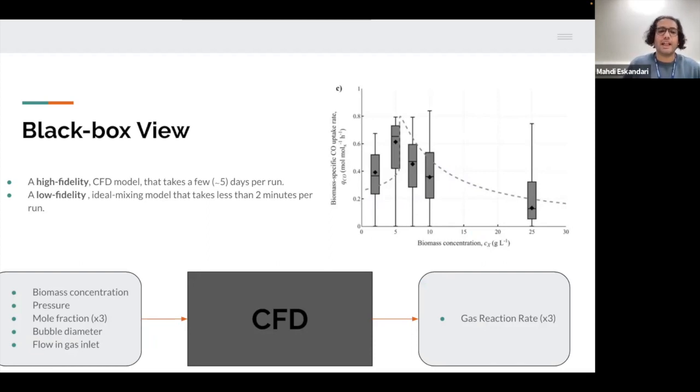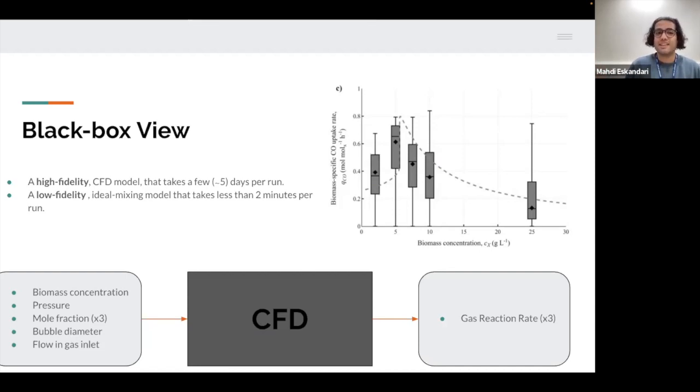Whatever these fancy things mean, we can just look at them as inputs. So here we have 7 inputs, and there is a black box that is doing something, and as output we have the gas reaction rate for 3 gases. So we have 7 inputs and 3 outputs.